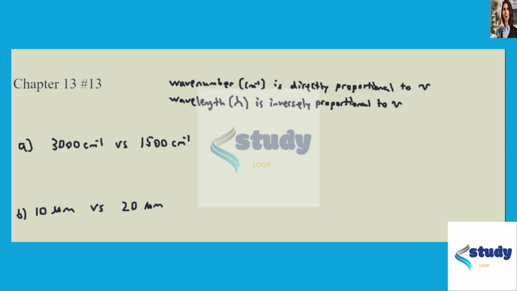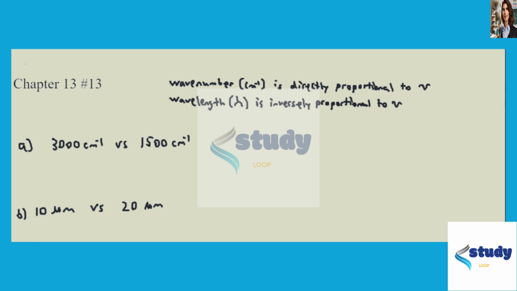So wave number, which is expressed as centimeters to the -1, is directly proportional to frequency and therefore energy. So a higher wave number is going to mean a higher frequency and a higher energy, whereas wavelength, which is expressed as lambda, is inversely proportional to frequency and therefore energy. And so a higher wavelength is going to be a lower frequency and a lower energy.